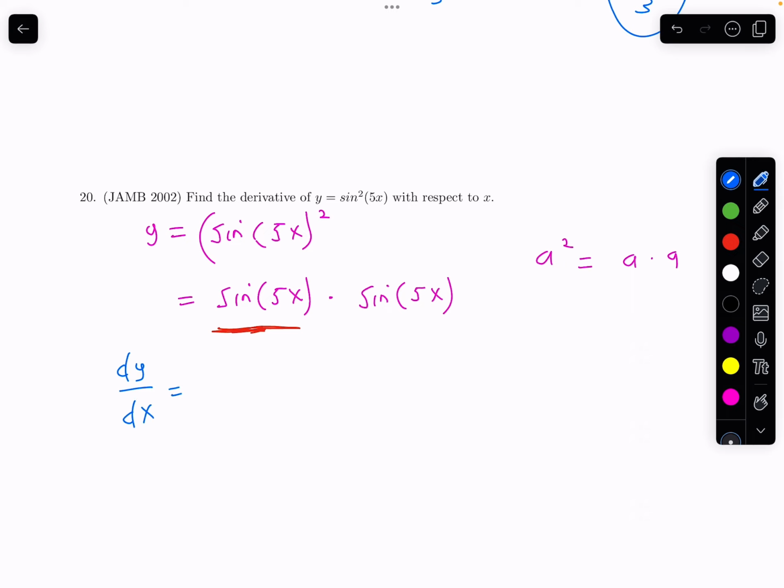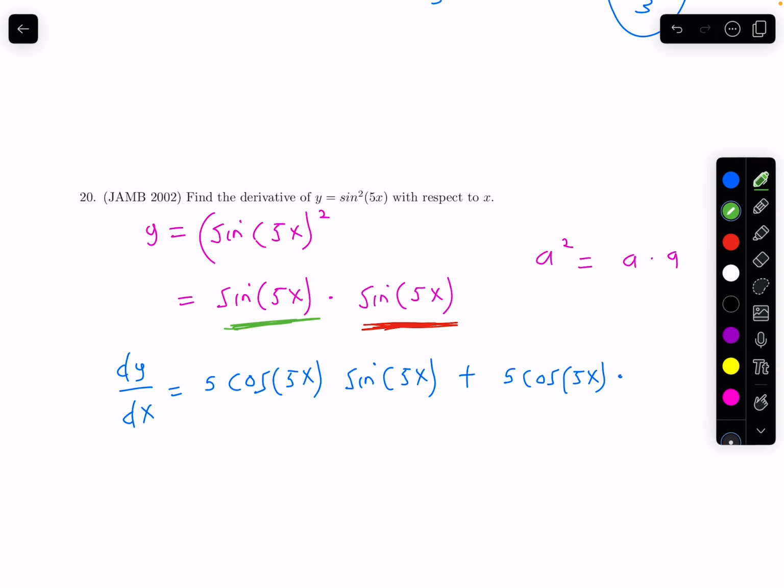So the derivative dy/dx is going to be: the derivative of sine 5x is 5 cos 5x, then I keep this part constant, so sine 5x, plus I take the derivative of this part, which is 5 cos 5x, times the first part constant, sine 5x.